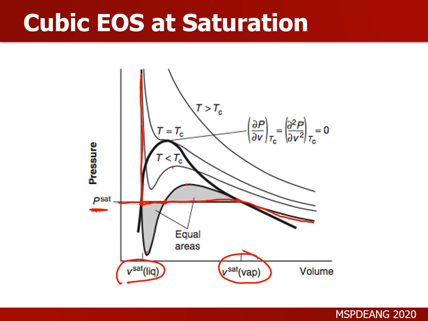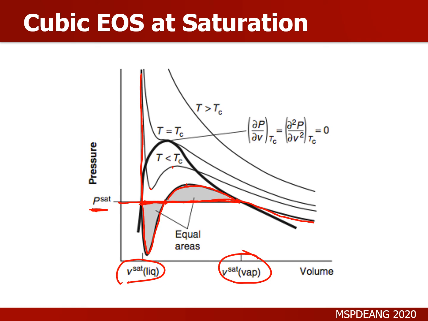However, mathematically, it gives you significance such that, if this is your saturation pressure, then for this curve, the area bound between this isobar and this part of the curve of the cubic EOS should be equal to the area of this curve. So these two areas should now be equal.